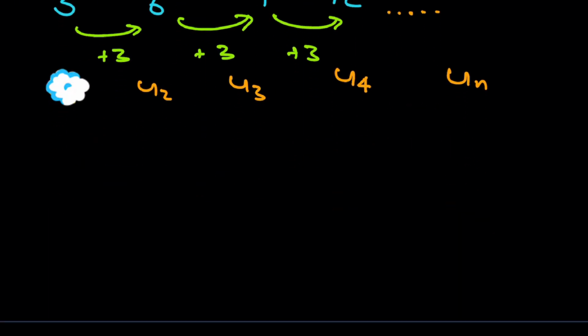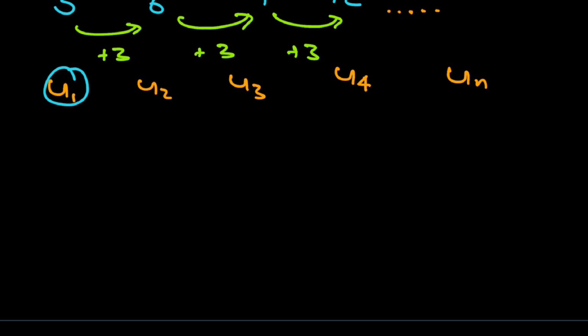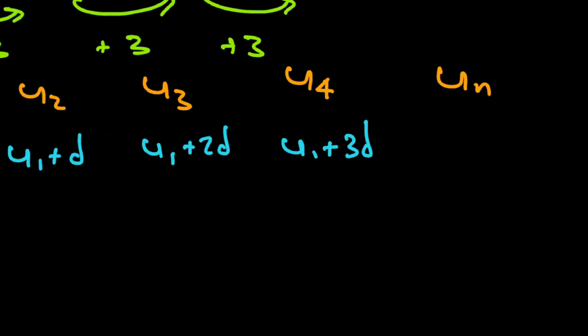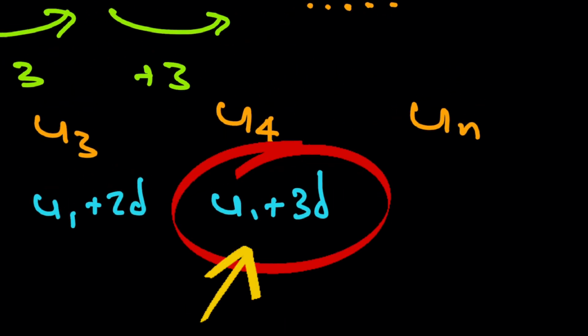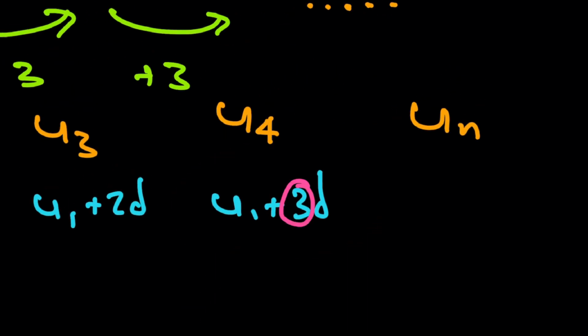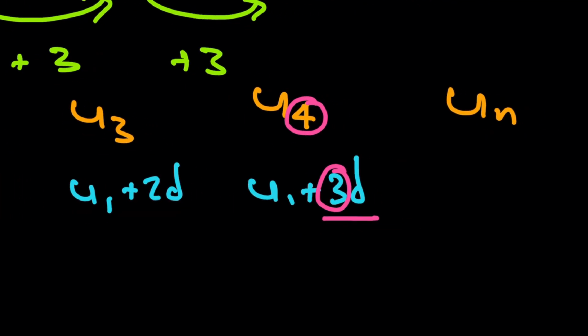If we look at the terms and break them down, that would be u1 plus d, then u1 plus 2 lots of d, and then u1 plus 3 lots of d. Notice the pattern: the number of d's, the number of common differences, is always one less than the term number. Here you can see that we added 2d and the term number was 3.